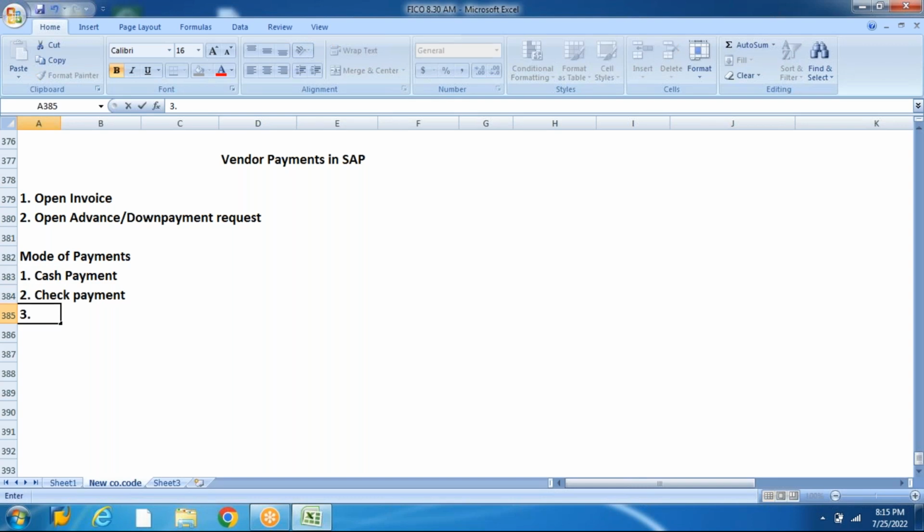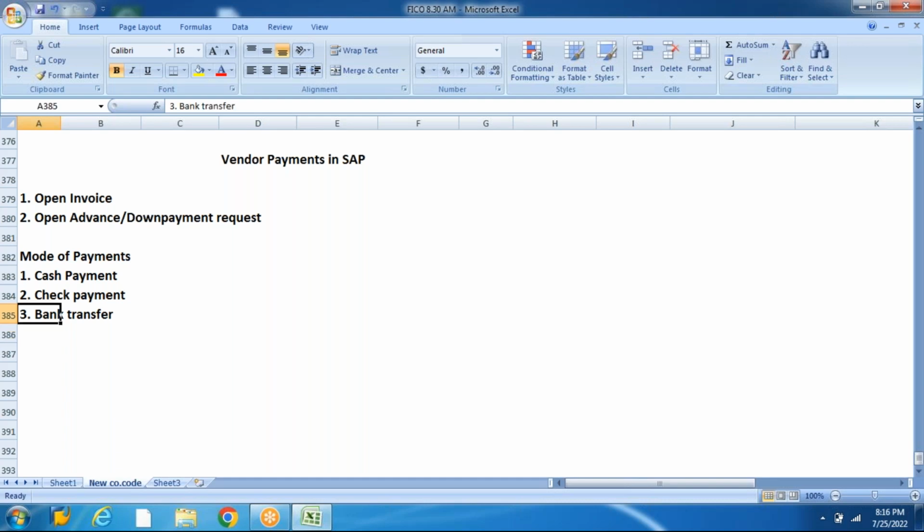Third one will be your bank transfer. Any other possible mode which is nowadays used apart from these three? Cash, check, and bank. Right, either you issue cash to the supplier or you issue a check to the supplier or you directly transfer to the supplier bank account. These are the most commonly used payment modes.